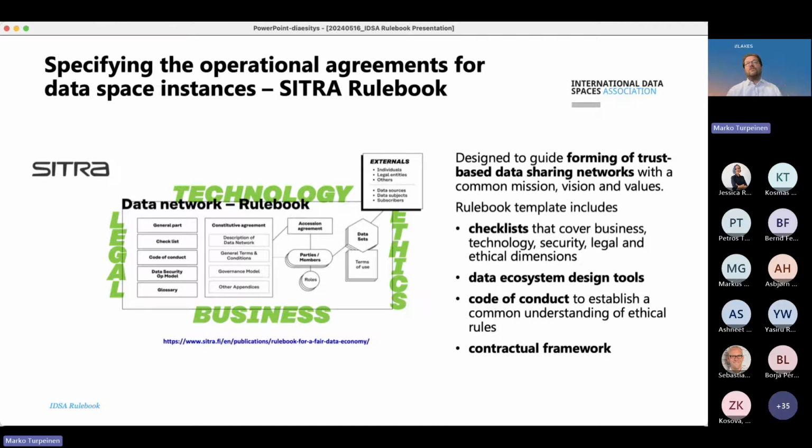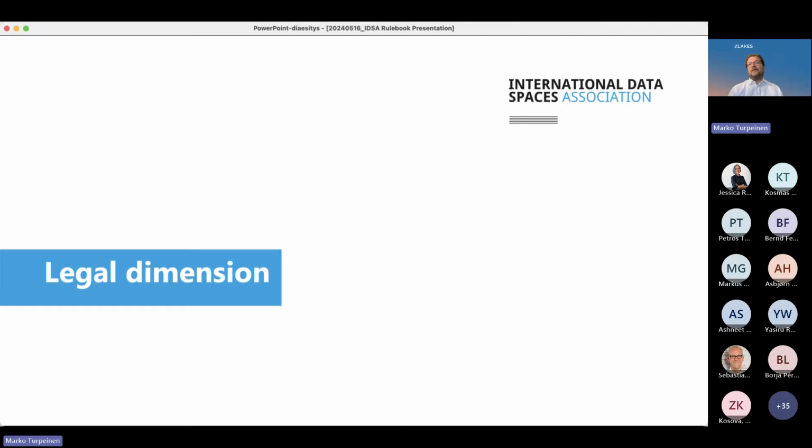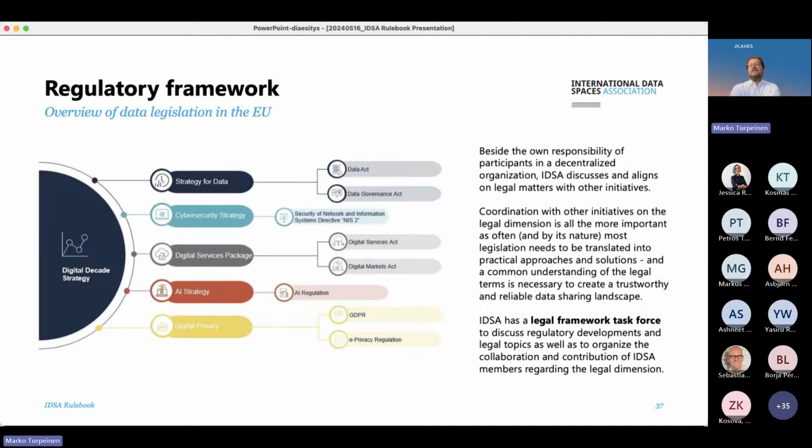If you want to define the rules for a particular data set, here is a contractual template for the data set specific legal terms. This is a very generic model that we built, but it's linked to the IDSA rulebook, because it is a very concrete tool for any data space instance out there to clarify: in our data space, this is how we do it, and these are the templates that we use, for example, for the legal side.